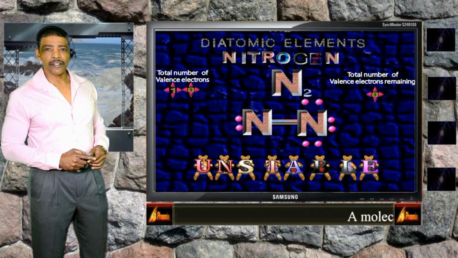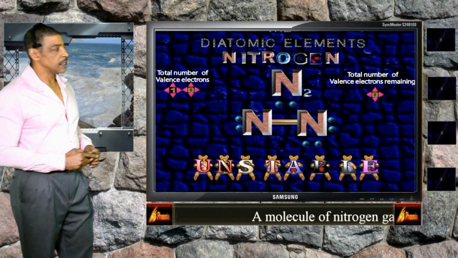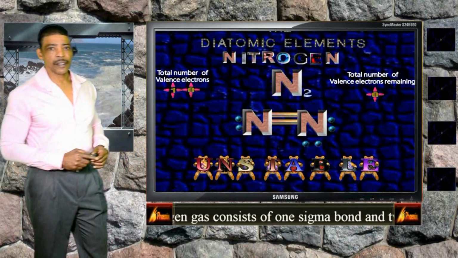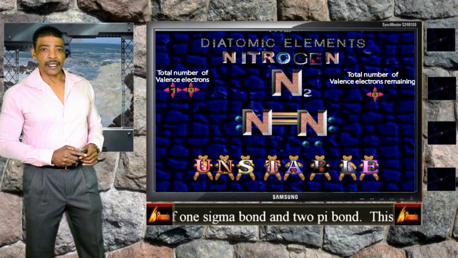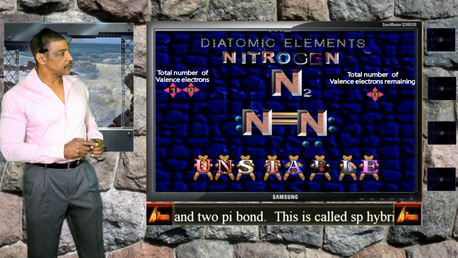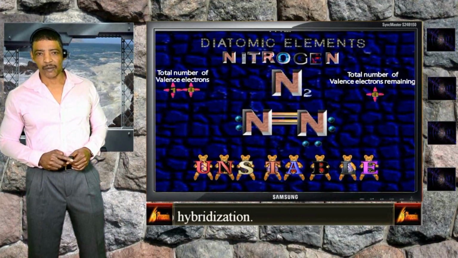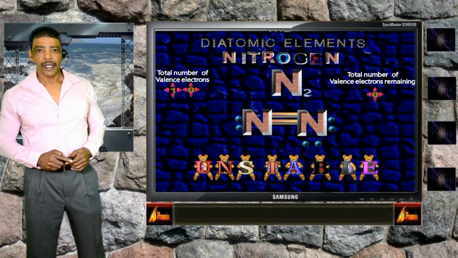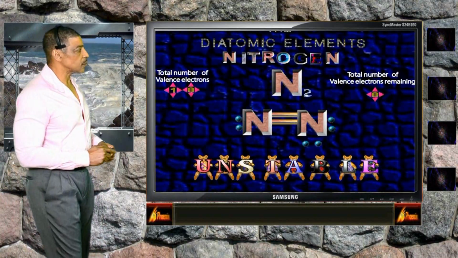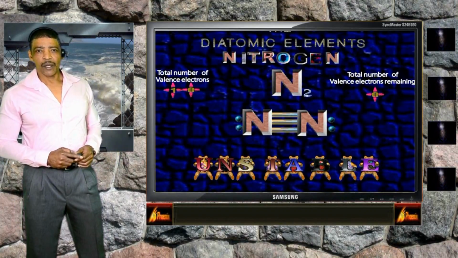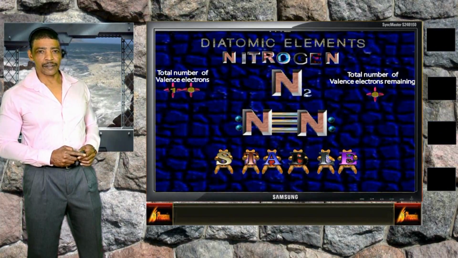To stabilize the molecule, we first share 2 additional electrons from the atom on the right, which creates a total of 6 valence electrons for the atom on the left. Still an unstable molecule. After sharing an additional 2 valence electrons, both atoms are now stable with an octet of electrons.